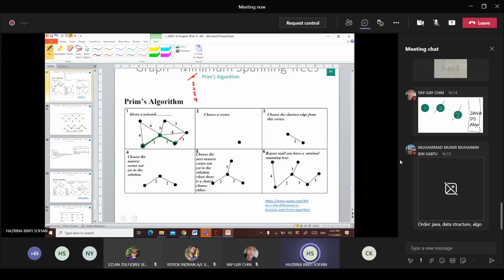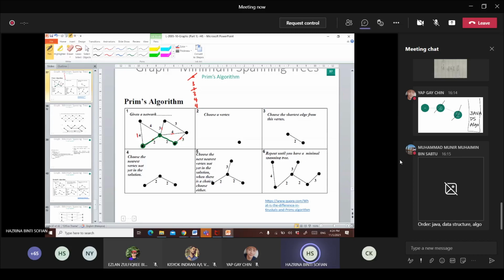When we go to 2, from here we will have a new path, which is 4. So don't forget to write, we have another 4 here. Okay, so now we can see that we have 3, 3, 4, 4.